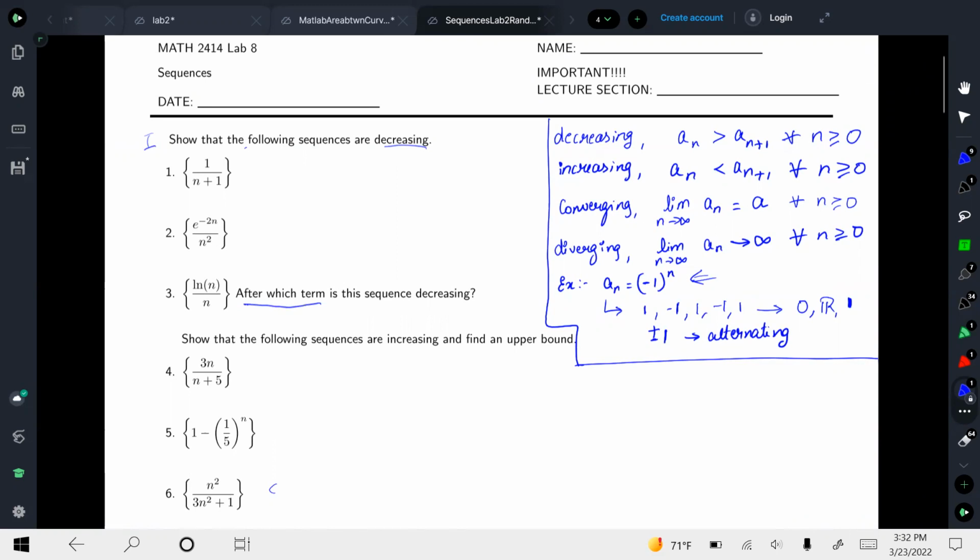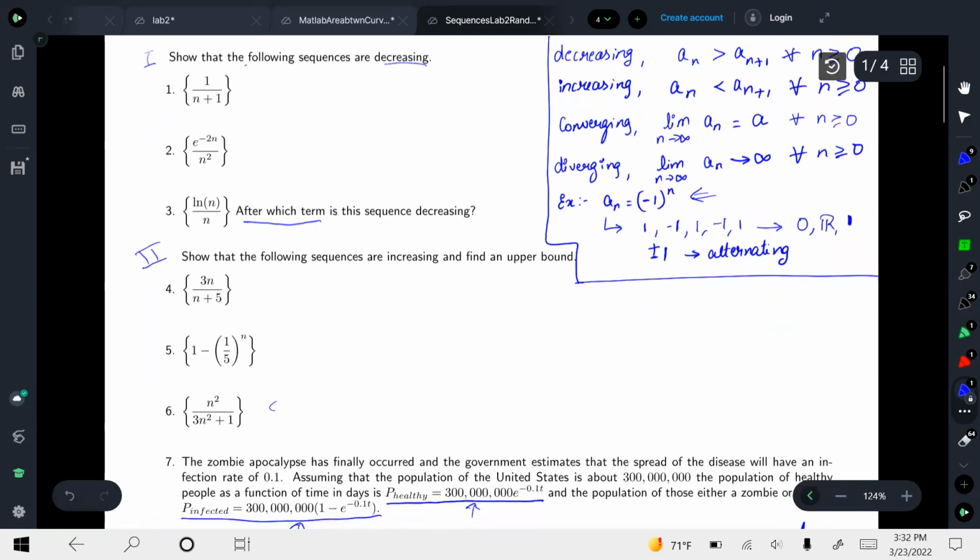In the second type, you have a few sequences given and you need to show that the sequences are increasing. Along with that, you need to find the upper bound of each sequence.